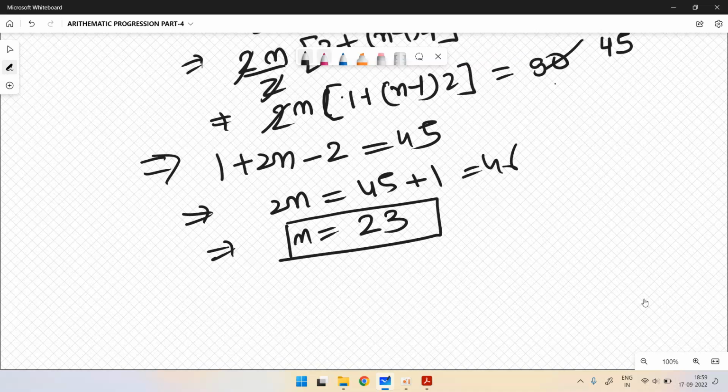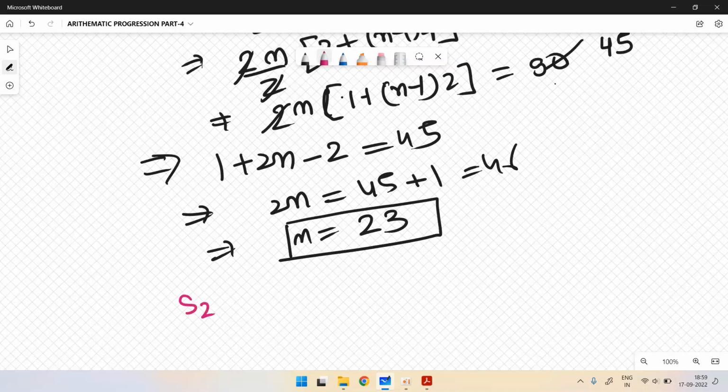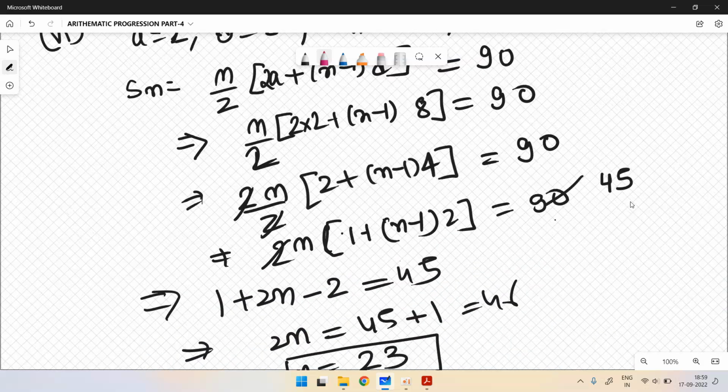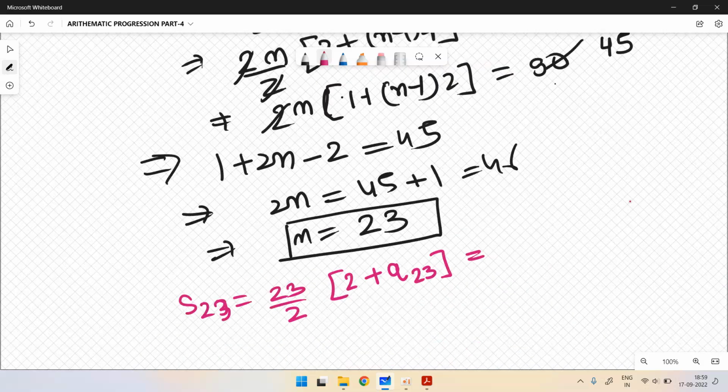So again, this S23 is nothing but 23 by 2 into a, a is given to be 2, so this is a plus nth term, a23. An, find n is 23, so a23 is this. And in the end, it is given that this S23 is given to you as 90. This is 90.